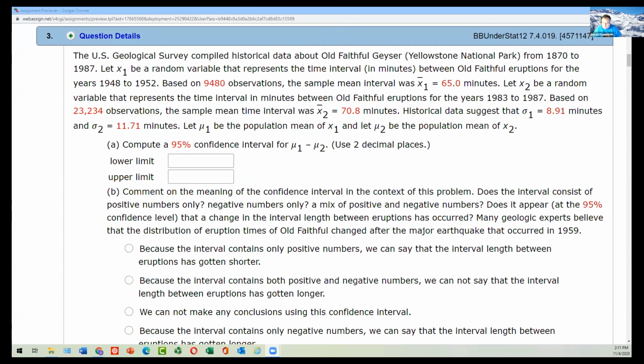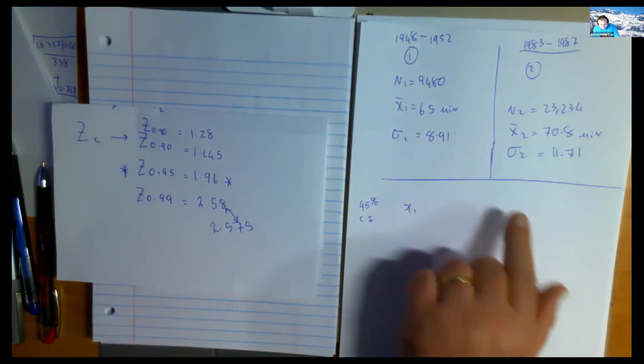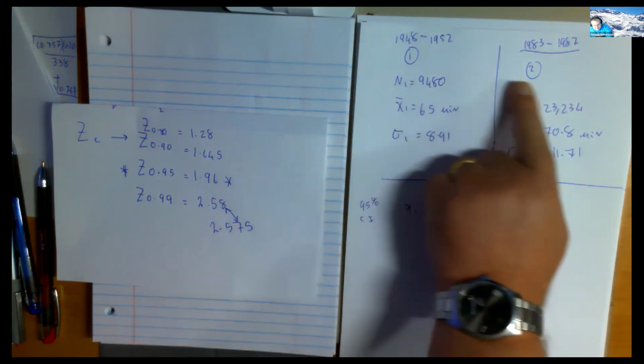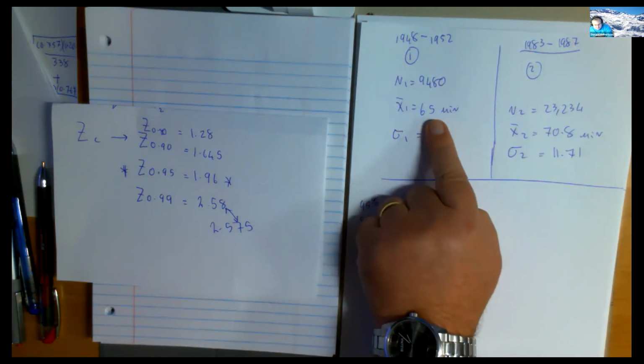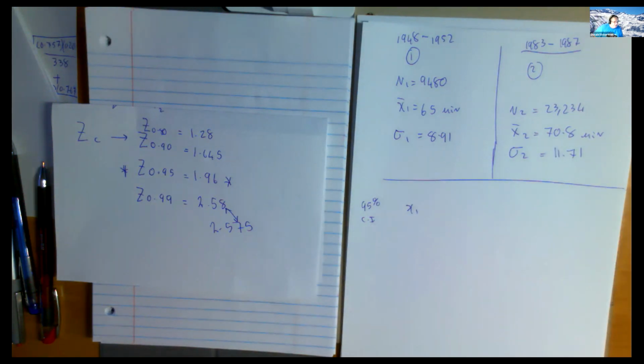Now we're going to look at the calculation of that whole thing. Would you say it seems reasonable that during this time span compared to this time span, it's taking longer on average between eruptions? So like Old Faithful is slowing down, for want of a better word, right? It's taking longer between one blast in the air and the next one.